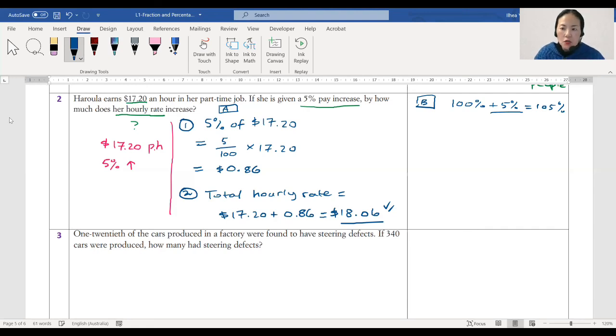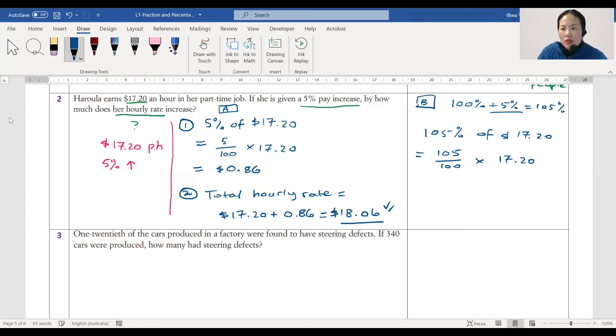So therefore, she will get paid 105%. So instead of finding 5% and adding on, I'm just going to find 105% of $17.20. So 105% over 100 times 17.20.